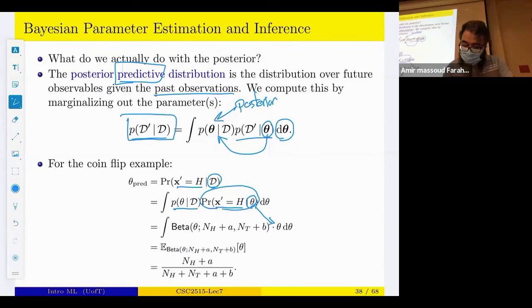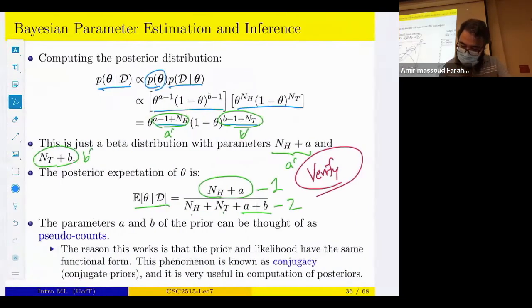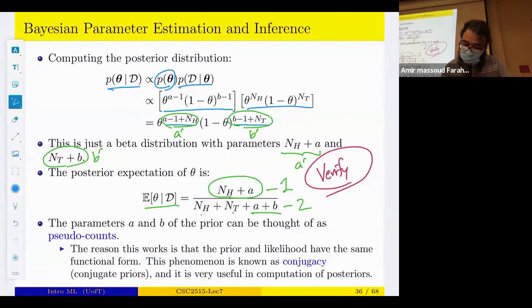And the posterior distribution is the beta distribution with parameters number of heads plus A and number of tails plus B. That's the posterior distribution, which we had before from here.